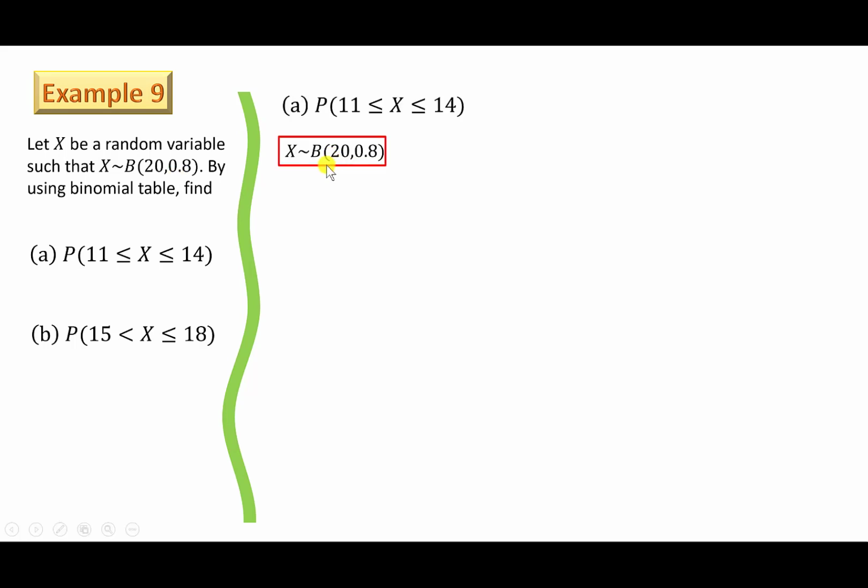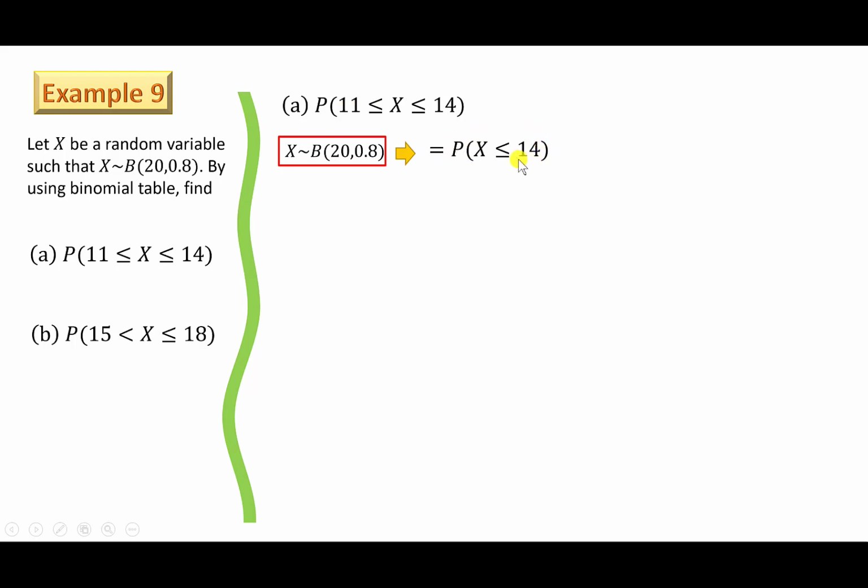For the X variable, we can separate this probability into X less than or equal to 14, which includes from 0 until 14. But in this question, the values of X that are included are 11, 12, 13, and 14.